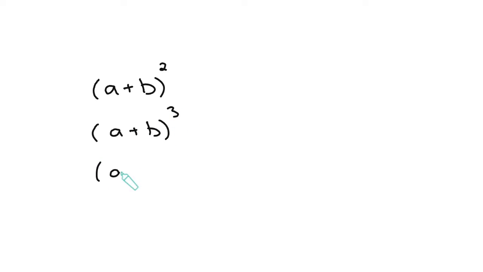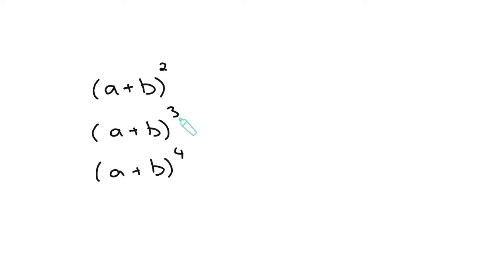Right, so the first thing I want you to do is to do a bit of work. We did expand brackets before, so I want you to either write down, if you know them, or work out these expansions. So (a+b) squared, (a+b) cubed, and (a+b) to the 4.